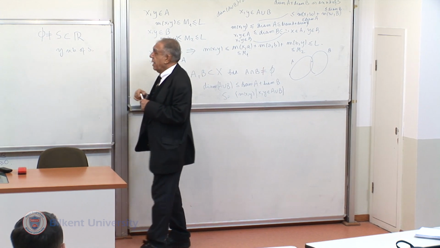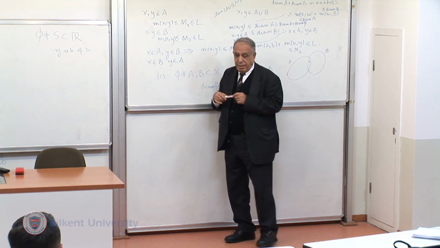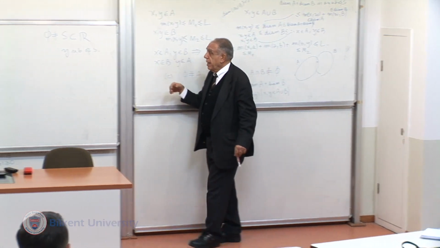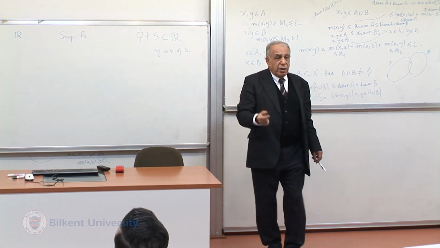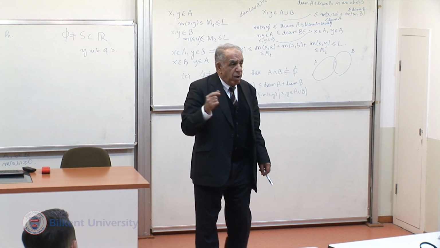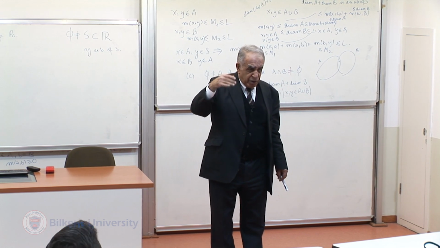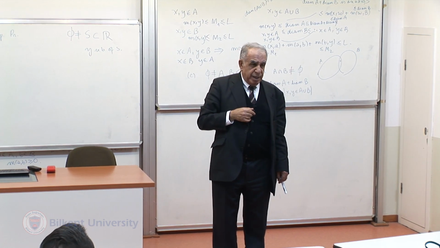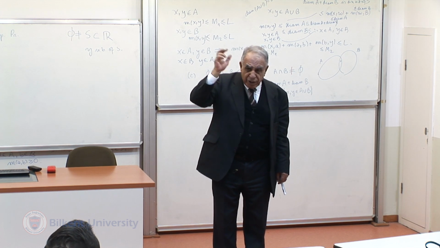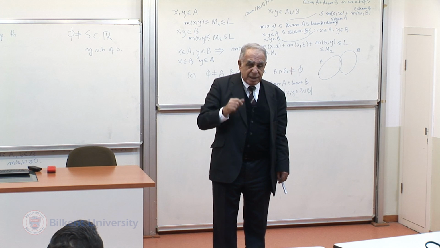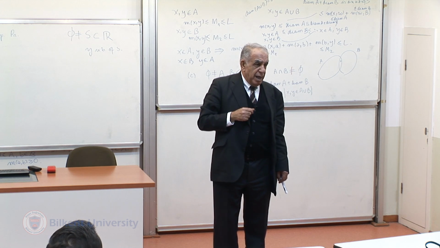Okay, so that's it. Well, in our end, the notion of compactness boiled down to being closed and bounded. But we have seen boundedness is not a topological invariant. It depends upon the metric.